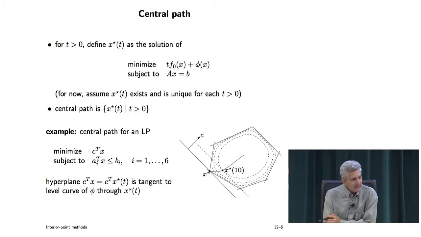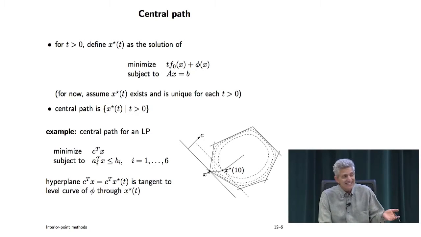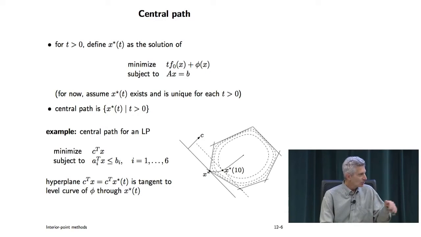So if I take a problem and minimize, we were minimizing f0 plus phi of x. It's the same thing as minimizing t f0 plus phi. Why do we do that? Because the self-concordant analysis will work out better later. But it doesn't matter. In fact, most people put the 1 over t there, and they call it kappa too.